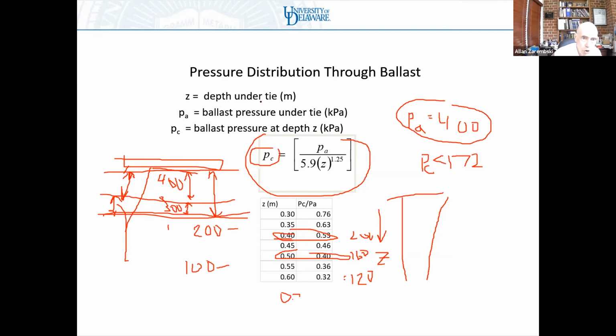You can also use this equation to calculate the depth of the ballast layer, as well as the combined depth of the ballast and subballast layers, and your stresses at any point through the ballast layer. So it becomes a very useful equation for determining what depth of ballast, subballast, and granular material I need to support my load.